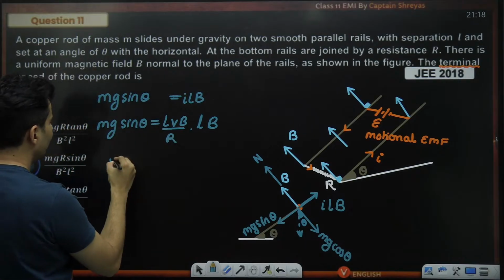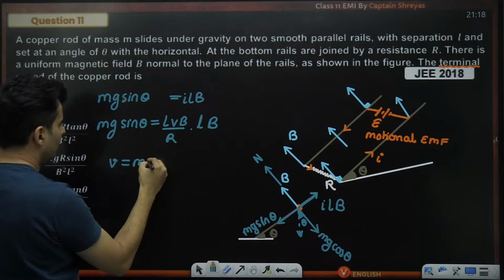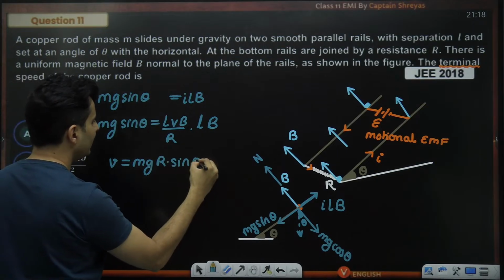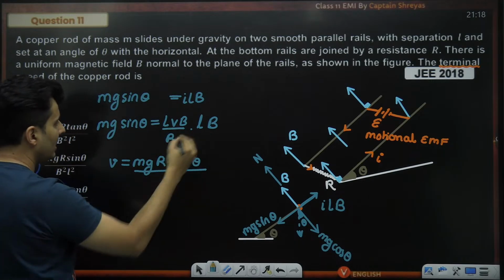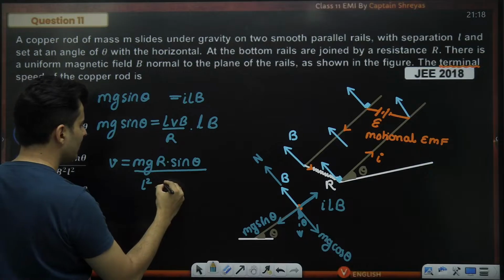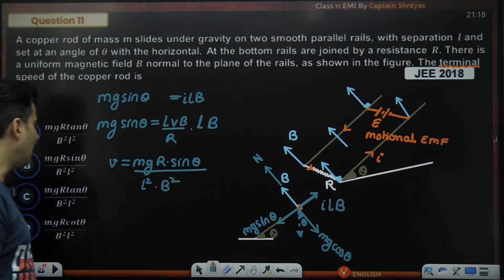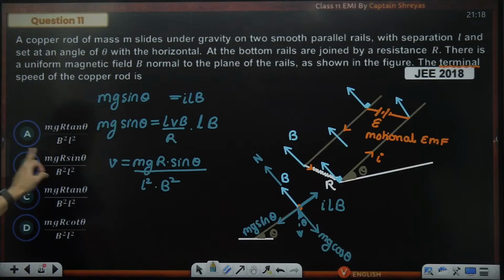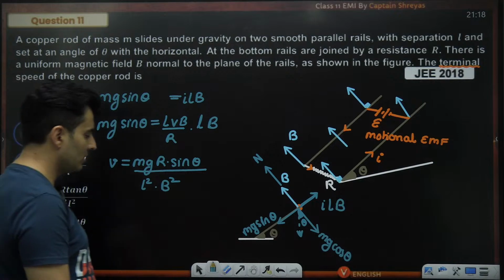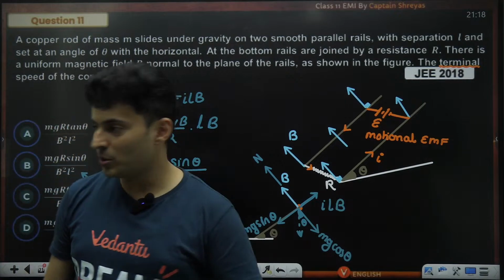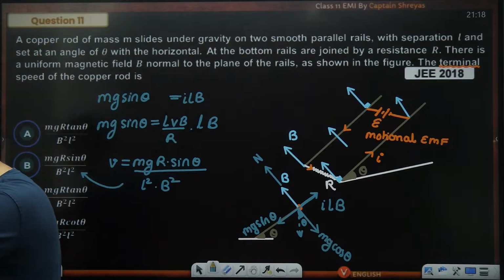So velocity will be m g R sine theta, whole thing divided by L into L is L square, B into B is B square. So v equals mgR sine theta by B square L square, which is option number B. Isn't it an interesting question, everybody?